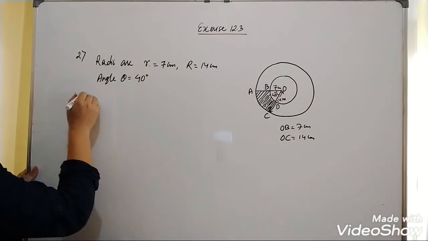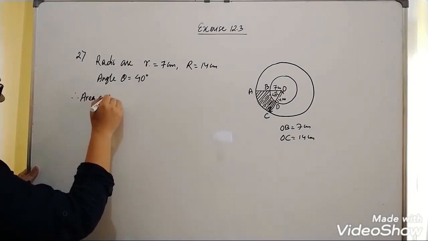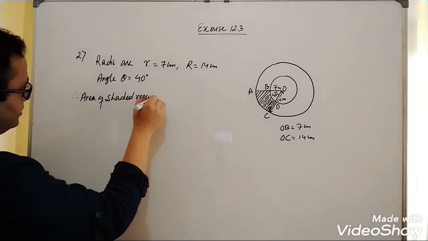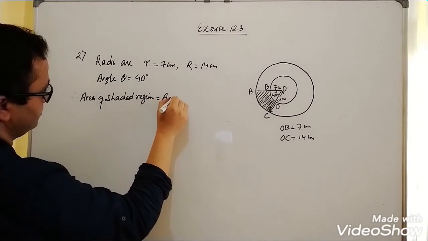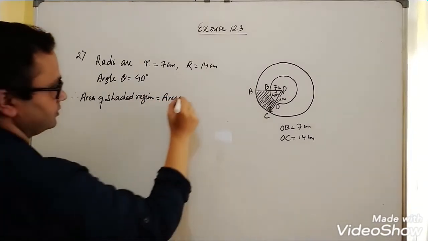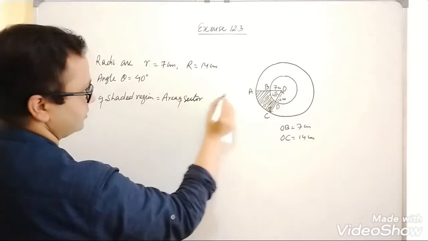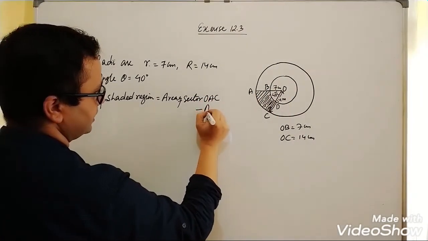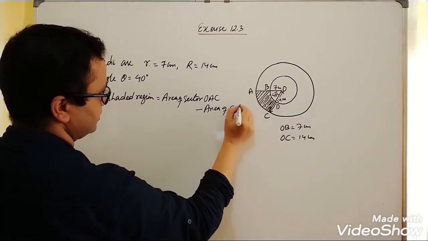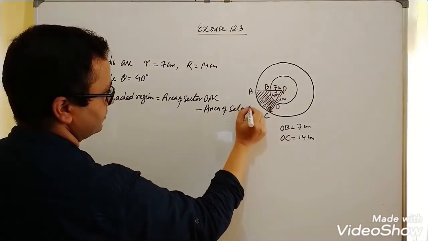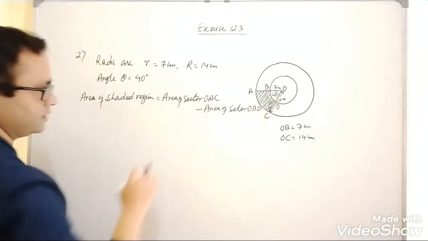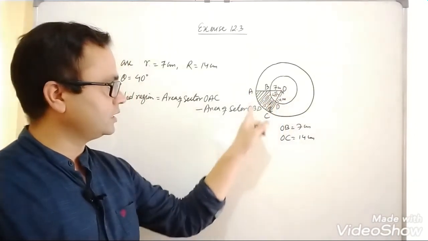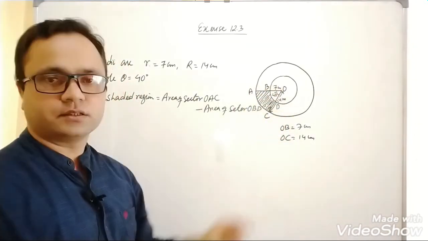Therefore area of shaded region equals area of sector OAC minus area of sector OBD. That means larger sector minus smaller sector.